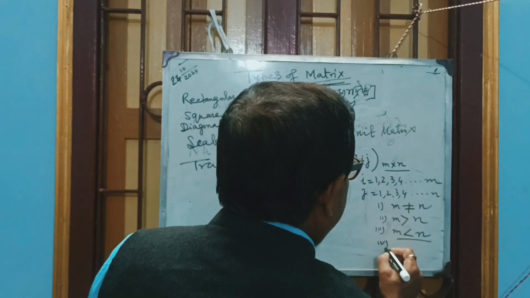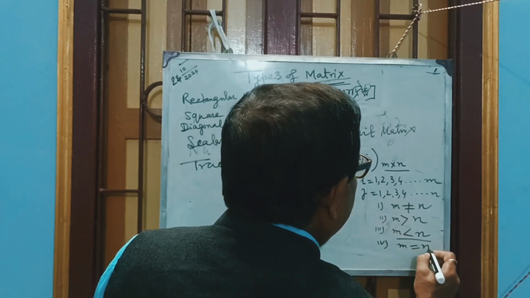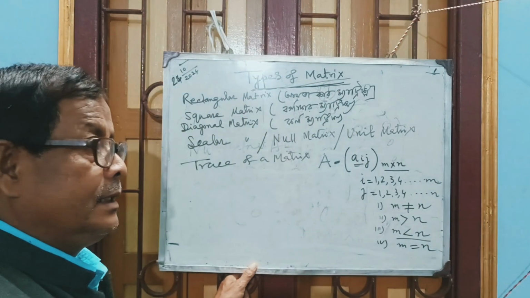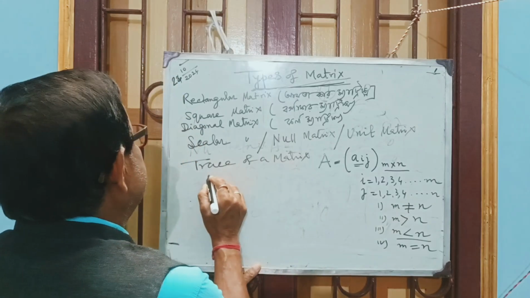And number 4, number of rows is equal to number of columns. Okay. Now take an example.